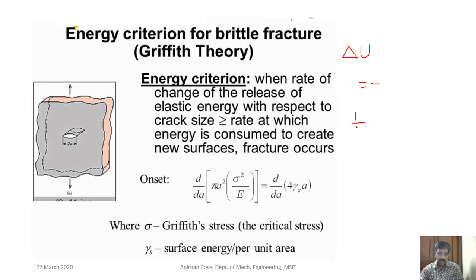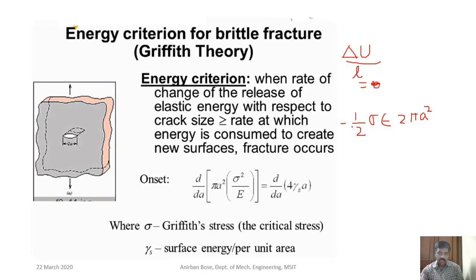Half of stress into strain into the volume. We have considered that as 2 pi a square, right? And let us find out per unit length. Okay, so delta U per unit length. So pi a square, and we are not considering L. Okay, this quantity is negative.